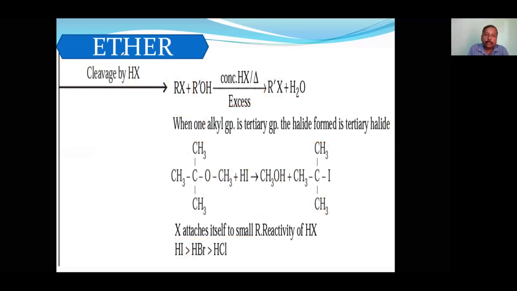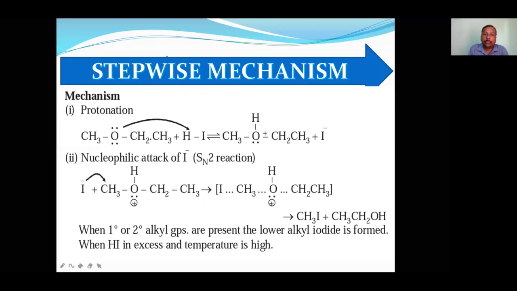Okay, next slide also very important. Mechanism. As I told you, mechanism is important for the board exam. First step is protonation. This is the ether. Now our HI, I have taken HI as an example.